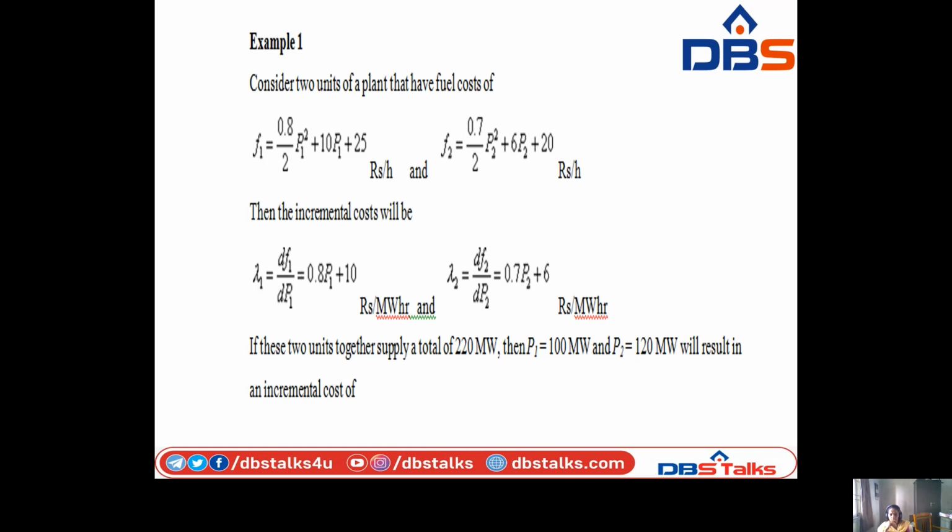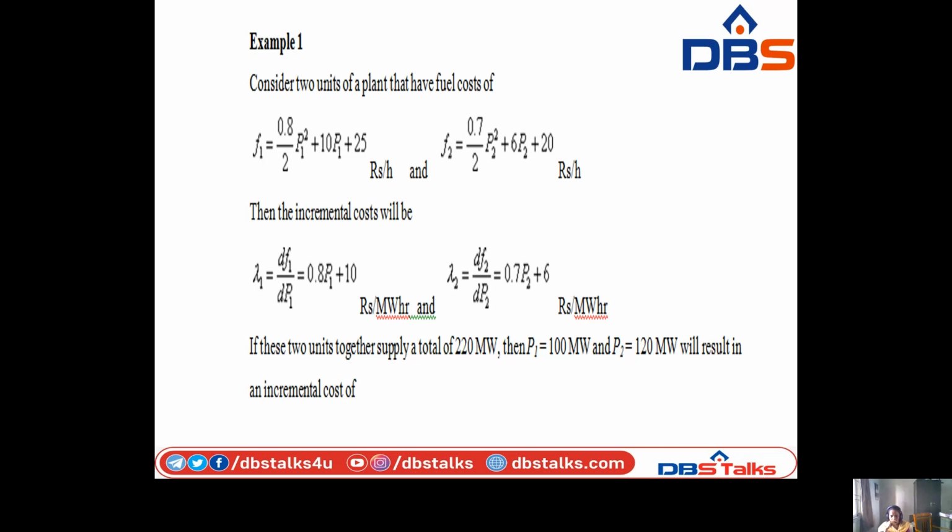Then the incremental cost is given as lambda 1 equal to dF1 by dP1 equal to 0.8 P1 plus 10 rupees per megawatt hour, and lambda 2 equal to dF2 by dP2 equal to 0.7 P2 plus 6 rupees per megawatt hour.